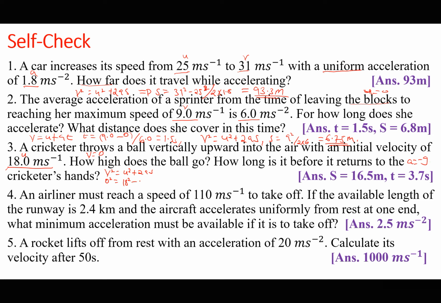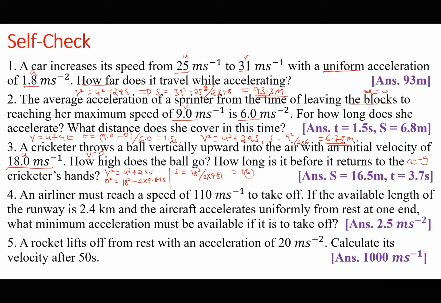So this will be plus 2 times negative 9.81, then times s. So this means s is going to be 18 squared divided by 2 times 9.81.